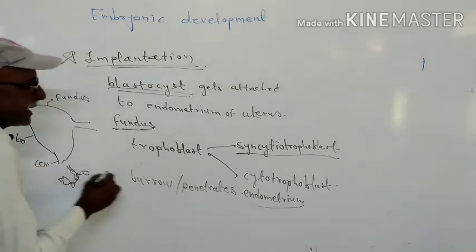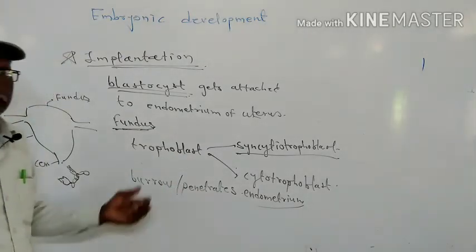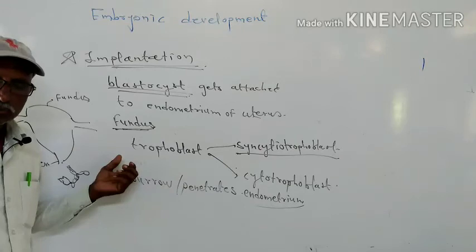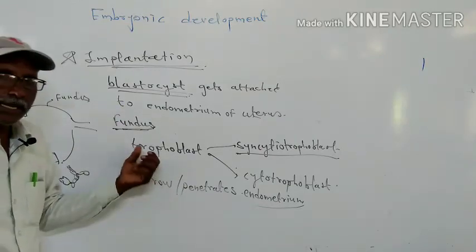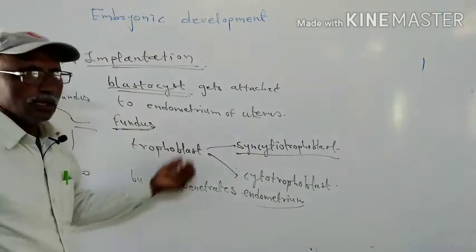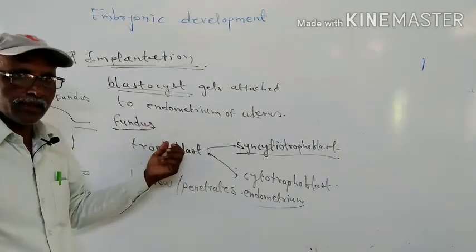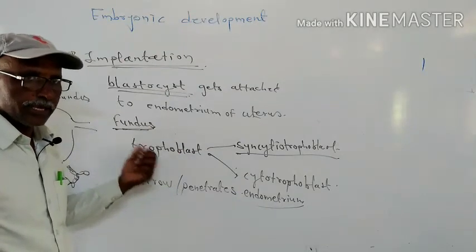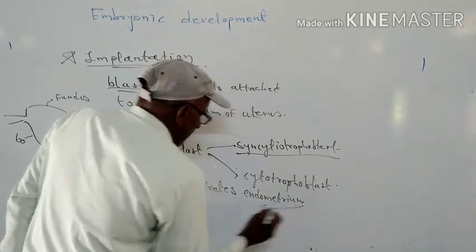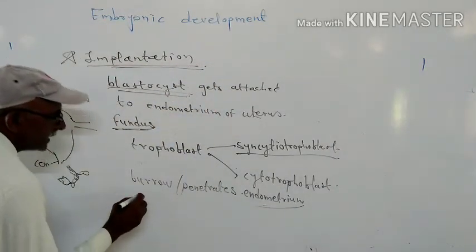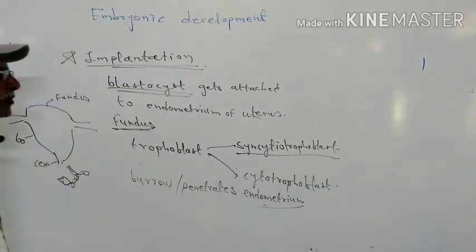So with the help of the syncytiotrophoblast, this blastocyst gets implanted in the fundus region of the uterus, in the endometrium, due to the activity of the syncytiotrophoblast.